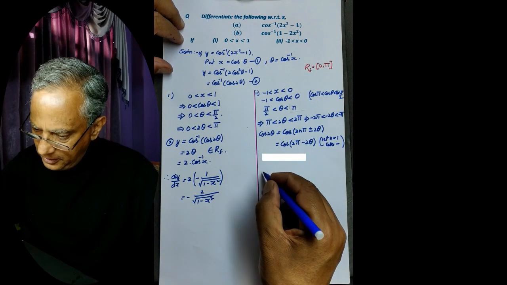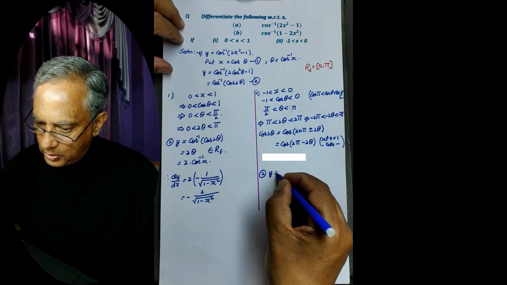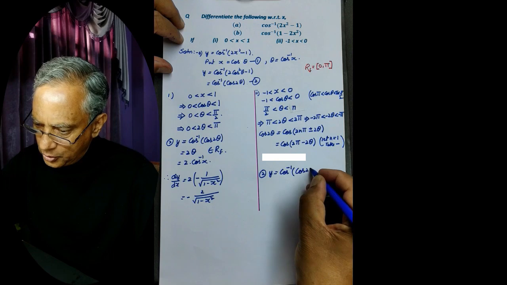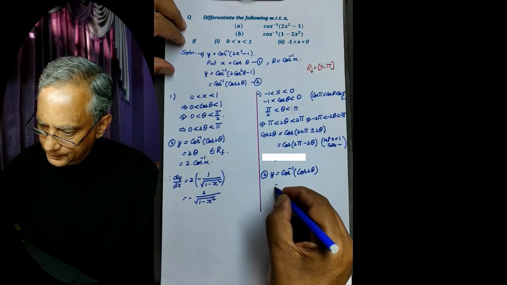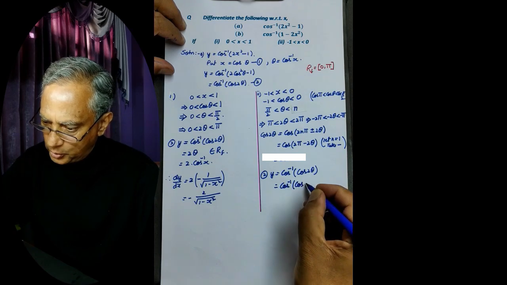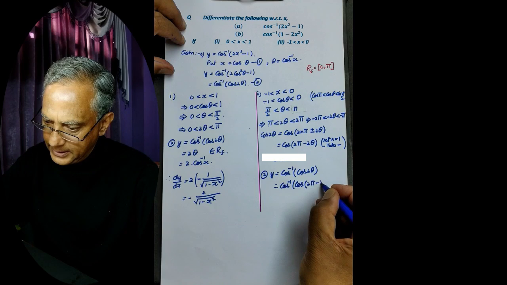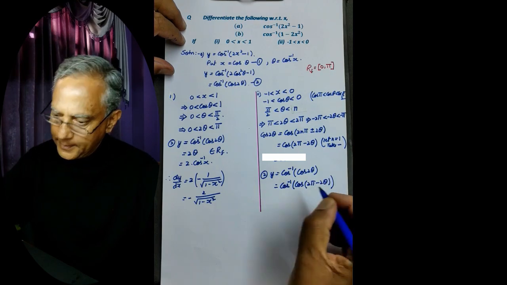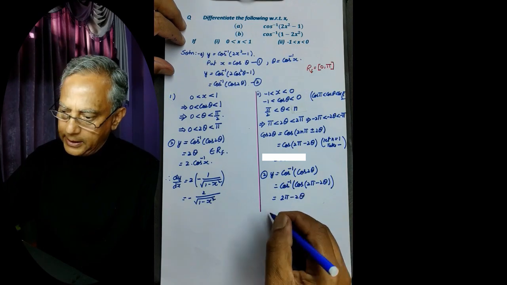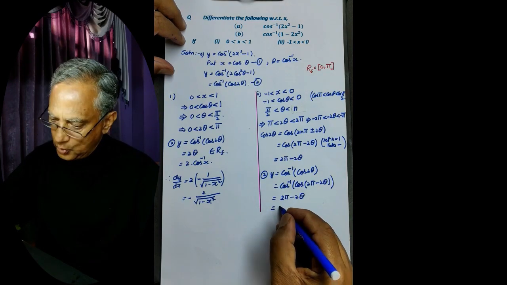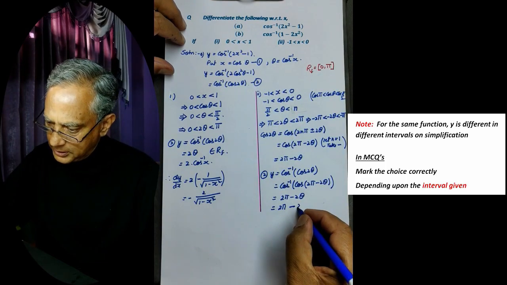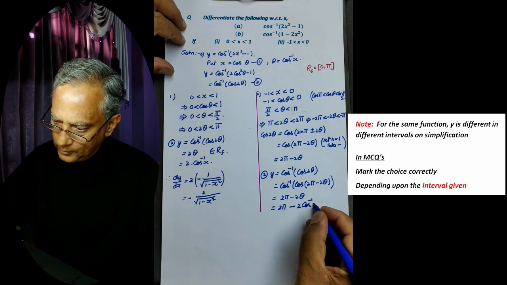So we can write y is equal to cos inverse of cos 2 theta, which is equal to cos inverse of cos of 2 pi minus 2 theta, and this is equal to 2 pi minus 2 theta. And this is equal to 2 pi minus 2 cos inverse x, since theta is cos inverse x.